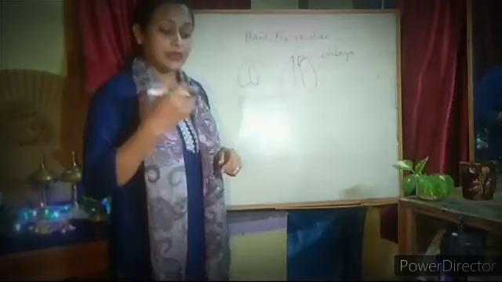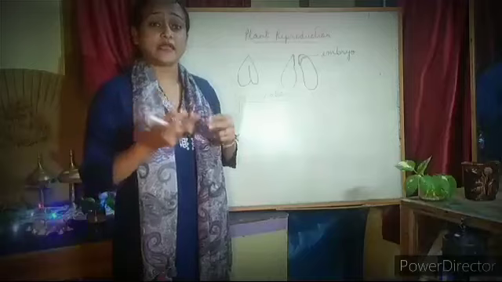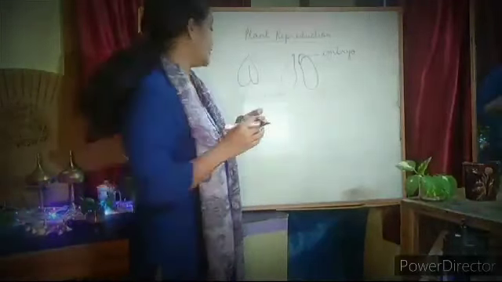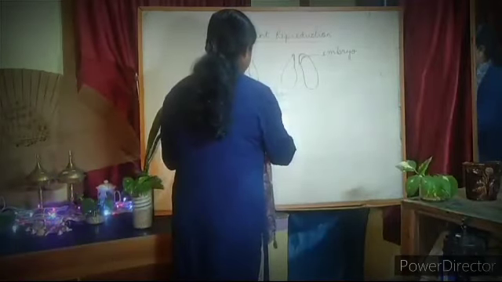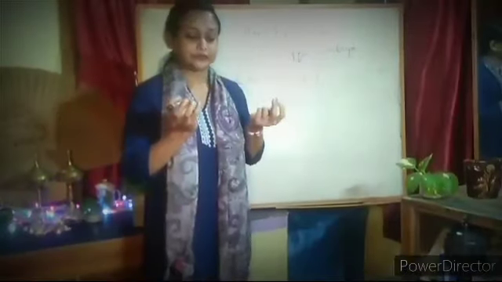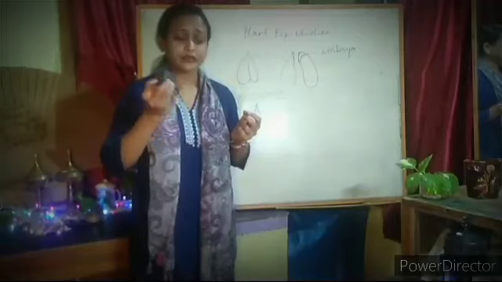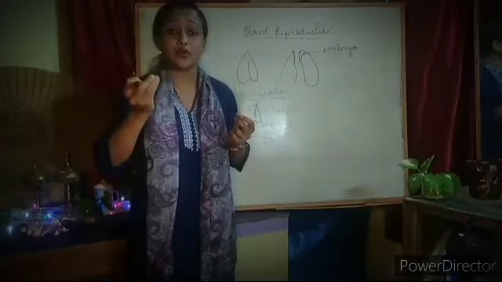Now, when a seed gets all these factors, the first process that begins, suppose in the case of a gram seed, is that the seed coat will split, and the embryo inside the seed will begin to grow.